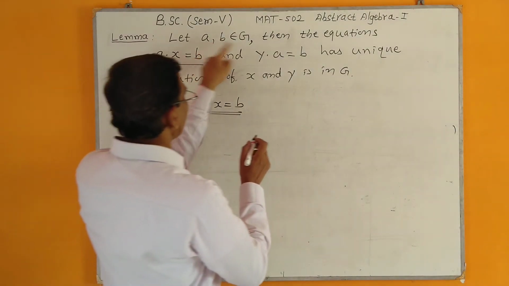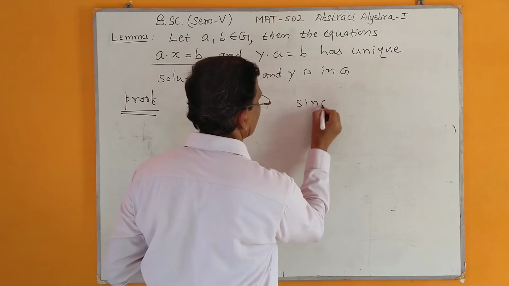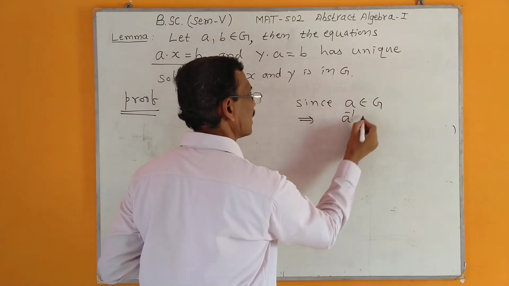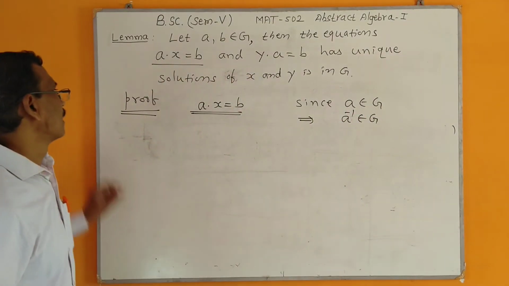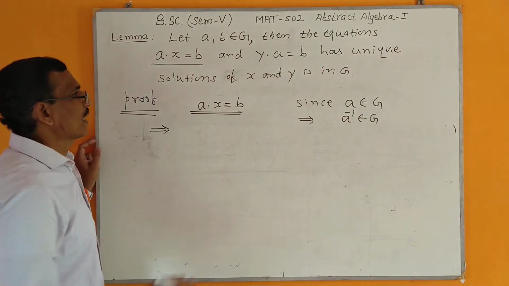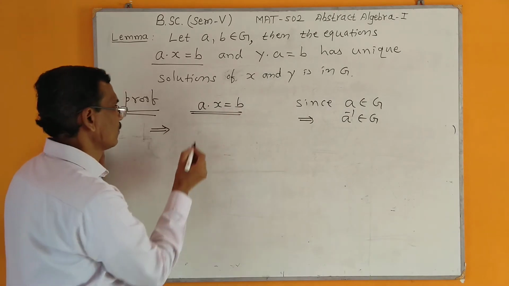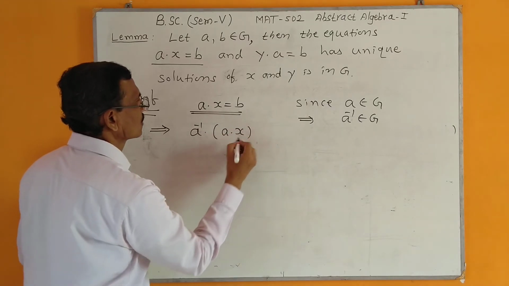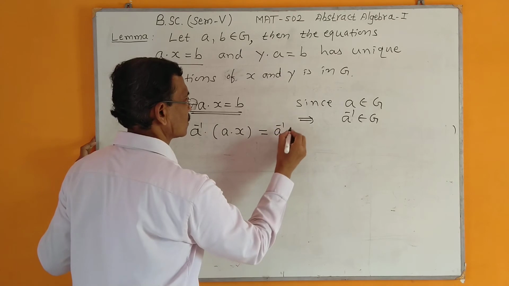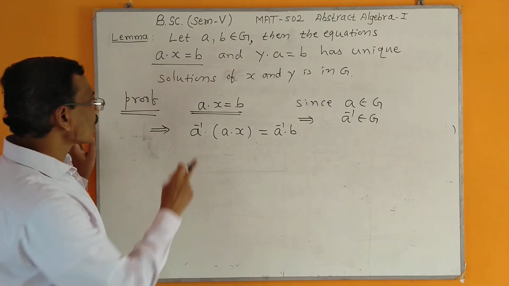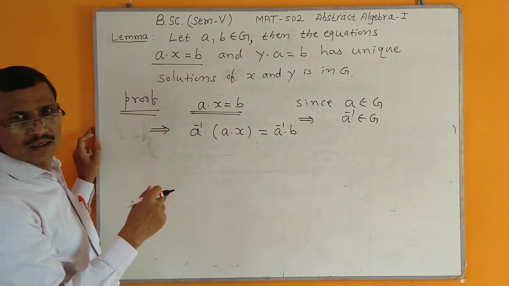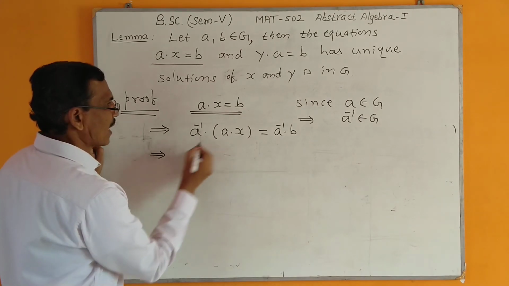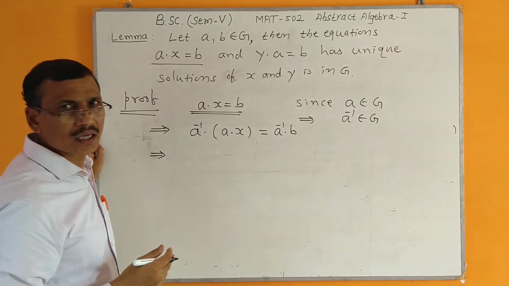Now since A belongs to G, and G is a group, its inverse also belongs to G. That means A inverse belongs to G. Then multiplying on the left of this equation by A inverse, we get A inverse dot A dot X is equal to A inverse dot B. We have multiplied by A inverse on both sides on the left. The binary operation is the same, dot, so we can apply the associative property.